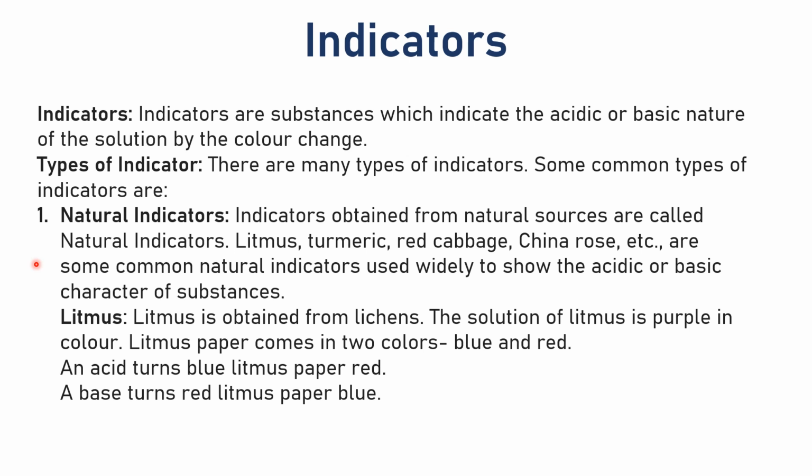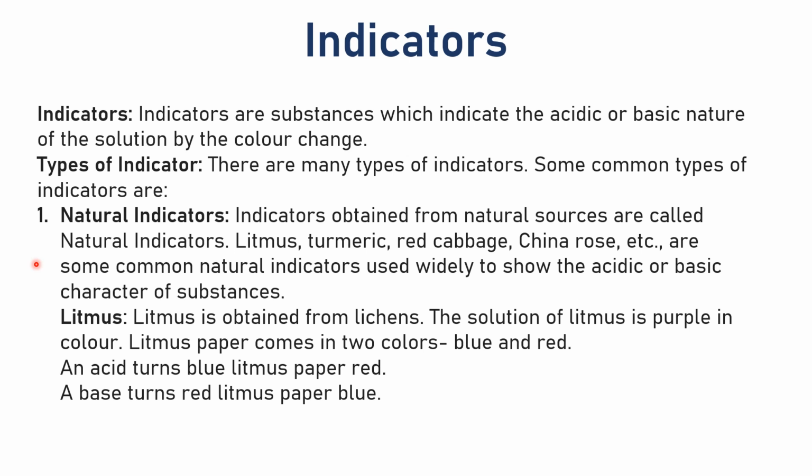Indicators are substances which, when put in an acid solution or basic solution, show a change in color. Clear? With the help of an indicator, you can find out whether the given solution is acidic, basic or neutral. So you can distinguish between solutions with the help of indicators.